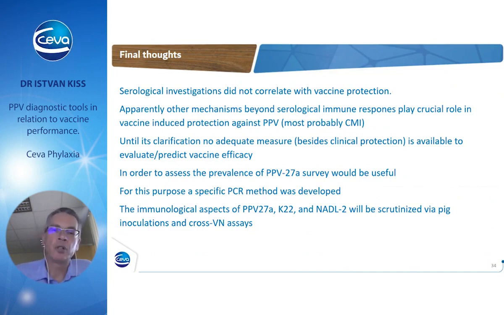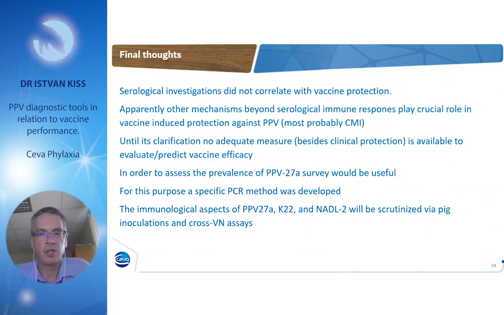And we would like to go further with the immunological characterization of these players like 27A, K21, and NADL by cross neutralization assays, because if they are carried out in a good manner, they are really meaningful. So for that, yes, we need some more experimental data.